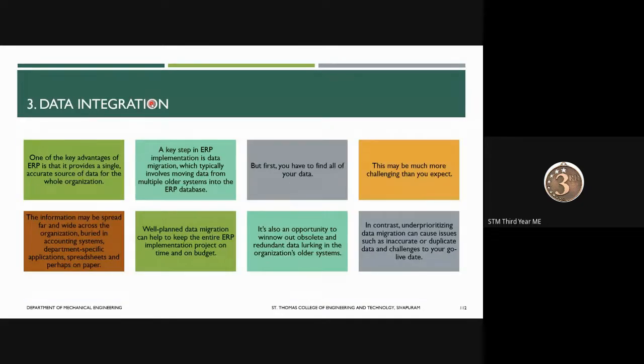Next is data integration. We have already discussed integration of data in ERP. So how did we integrate data in the ERP? We are integrating data by means of using the internet. Okay, we are connecting all the systems to a central system or a central hub, and the data observed in each and every department is then collected under that particular hub.